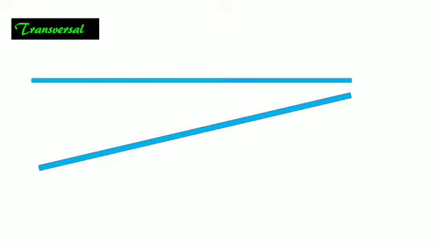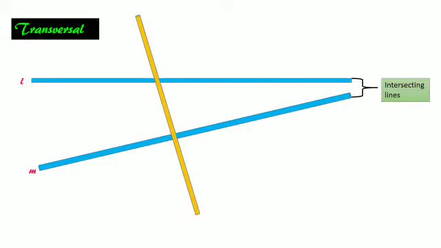Suppose these two blue lines represent the intersecting lines, named L and M. Okay, and suppose this orange line represents the transversal, named as the line P. Now you can see this line P is intersecting these two lines L and M at distinct points such as A and B respectively.